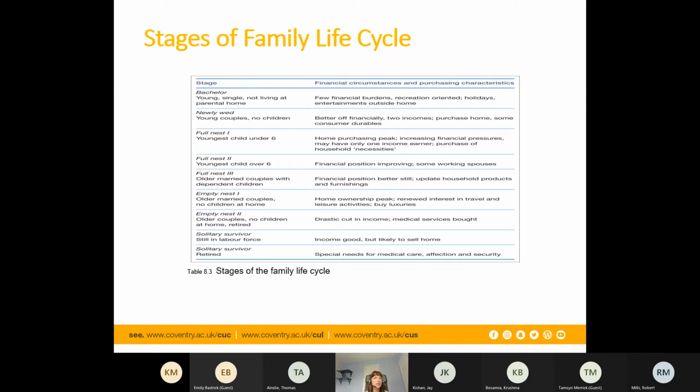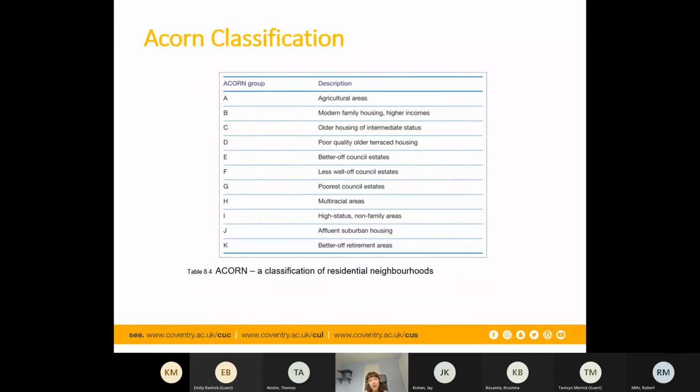If you just tell me what segmentation is, I know what it is, that's not giving us anything new. I want you to work out where they need to be positioned in the market and who they need to be looking at, not just as a whole, but for the three brands. Acorn plus classification I mentioned in terms of demographics, and this is based on where people actually live.